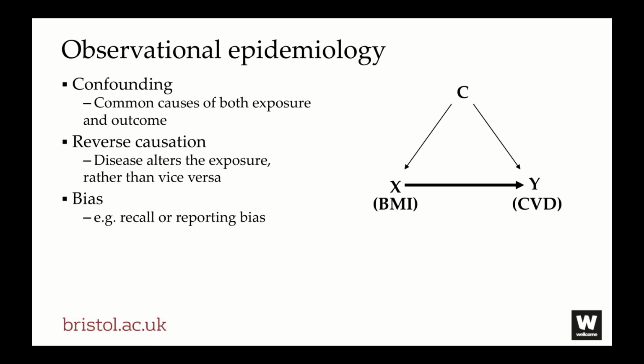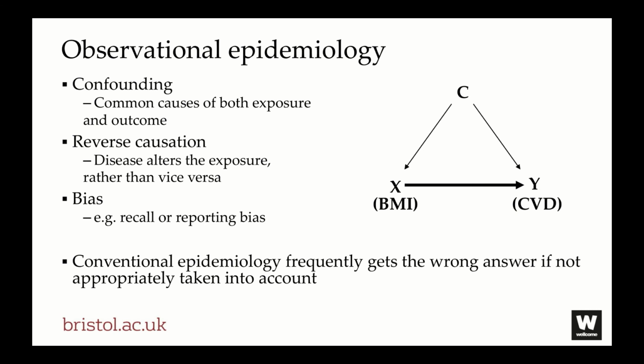And there are lots of different biases that sometimes we can't really account for in these different types of studies. So recall bias or reporting bias, for example: it's very plausible that people with a very high body mass index may not report that as accurately as people on the rest of the scale. So if these things aren't taken into account, conventional epidemiology can get the wrong answer.